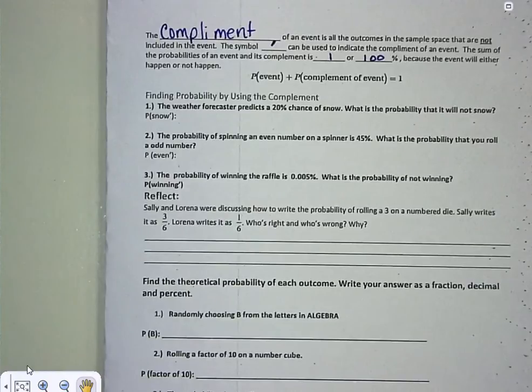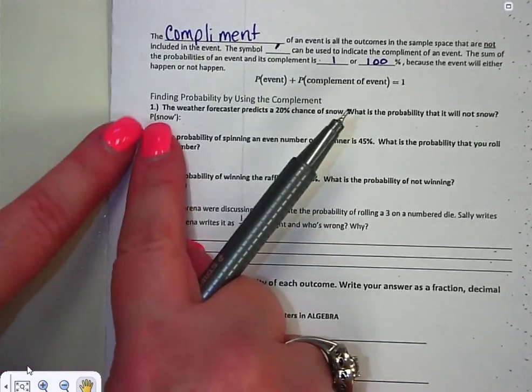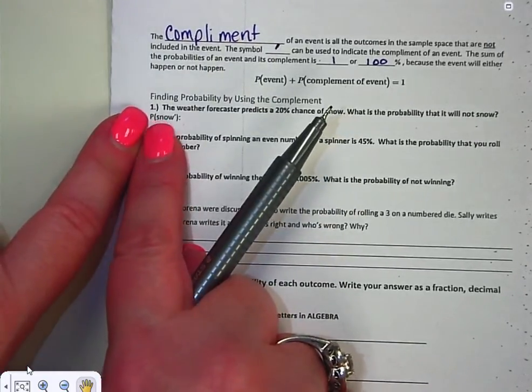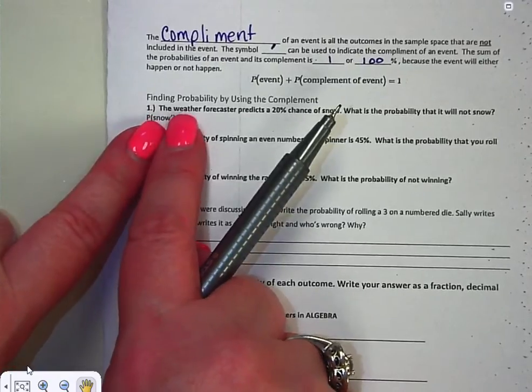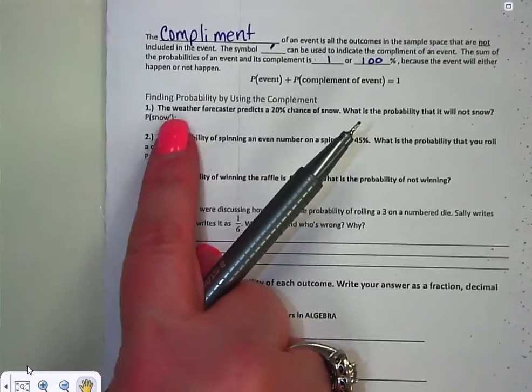So let's find probability by using the complement. Let's try these problems. Number 1, the weather forecaster predicts a 20% chance of snow. What is the probability that it will not snow? Let's look at how to read it: the probability of snow, but what does this little apostrophe mean right there?